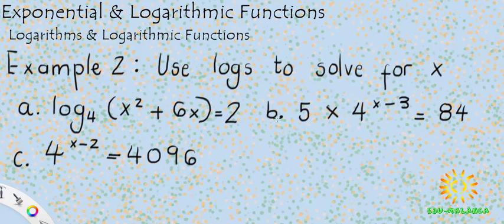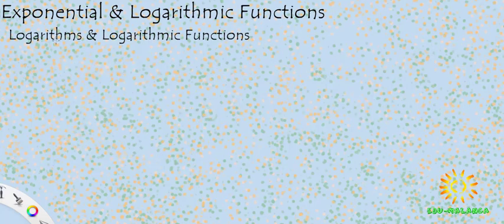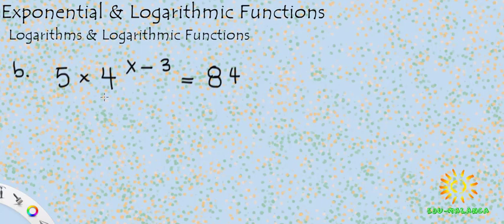In B, we're told that 5 times 4 to the power of x minus 3 should equal 84. Let me rewrite the expression. I'm going to apply log on both sides of this expression.